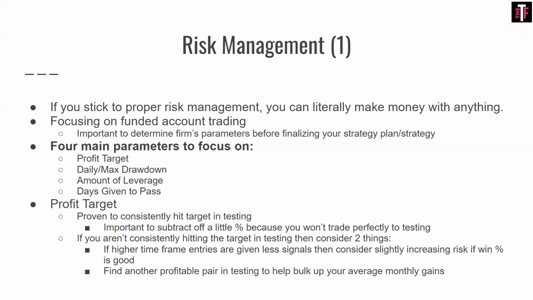Instead of risking 1%, maybe you risk 2% if you only get like 5 to 10 trades potentially. Second option is you test and find another profitable pair to add into your system. That way you have more potential trades for more potential gains that you've tested for, and everything looks good. So those are the 2 main things to look out for.